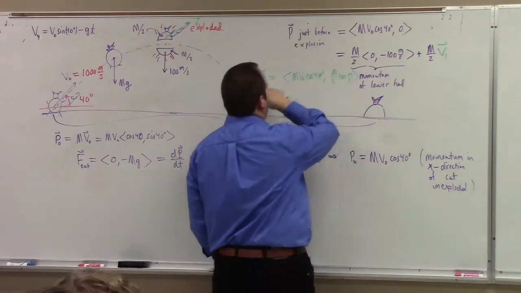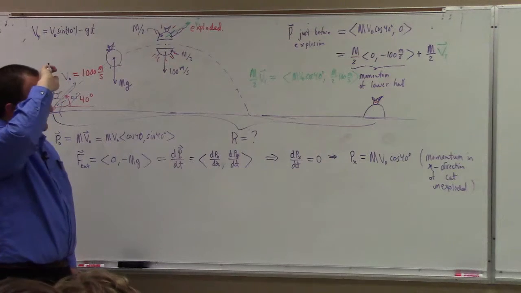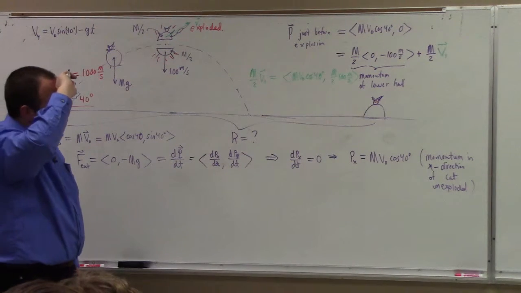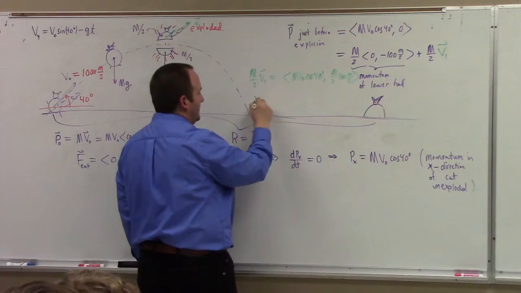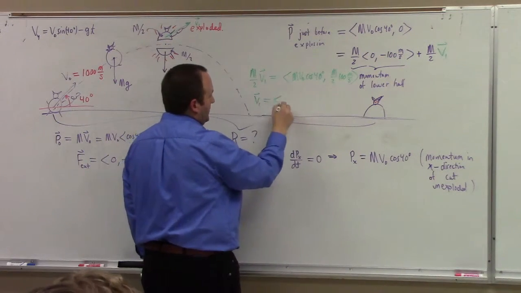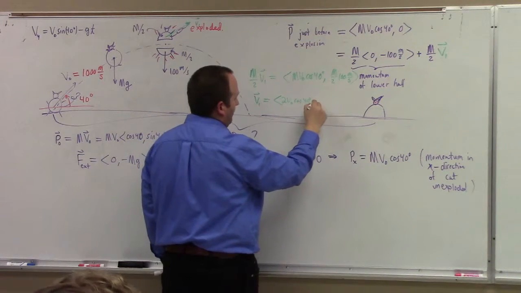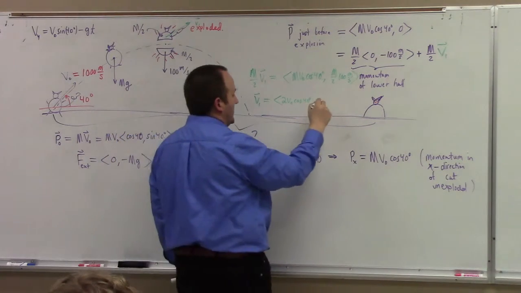So m over 2 V1 equals m v naught cosine 40 plus m over 2 times 100. The m's cancel, and you multiply by 2, you get V1 equal to twice v naught cosine 40, and then 100.